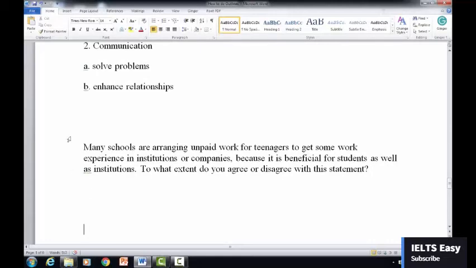Now, right here we have another agree or disagree question. And so I have another assignment for you. I want you to look at this question and try to outline it yourself. Then you can send in the results of your outlining, and I'll add it to our list of outlines, and we can see all the different ideas that you can come up with when it comes to outlining for a particular question.